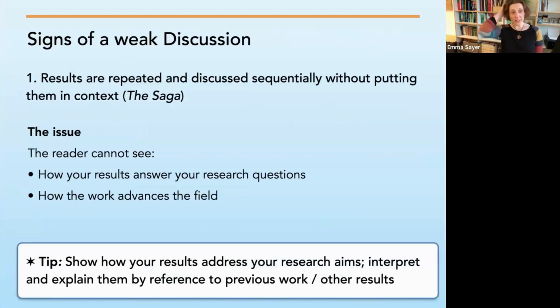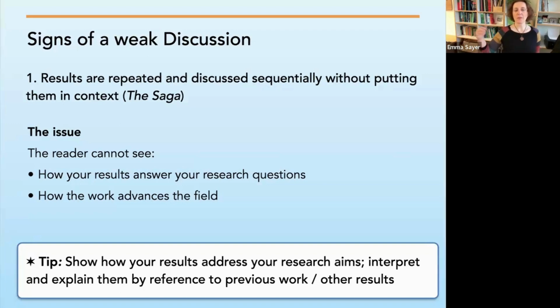And I'd like to have a quick look at the kinds of discussion that I often see as an editor or as a reviewer that really make a weak discussion and should be avoided. So the way I was taught to write a discussion as a student was to basically discuss my results sequentially. And I wasn't really taught to put them in wider context.